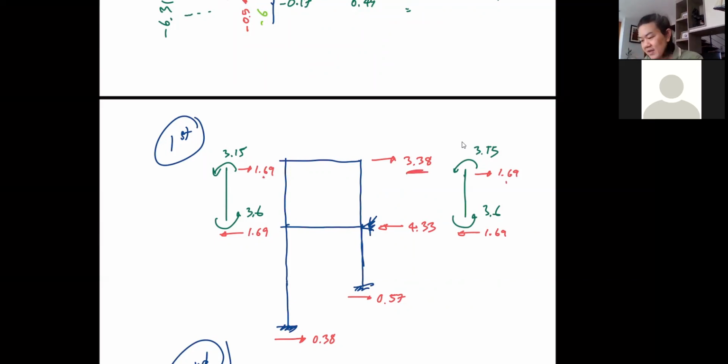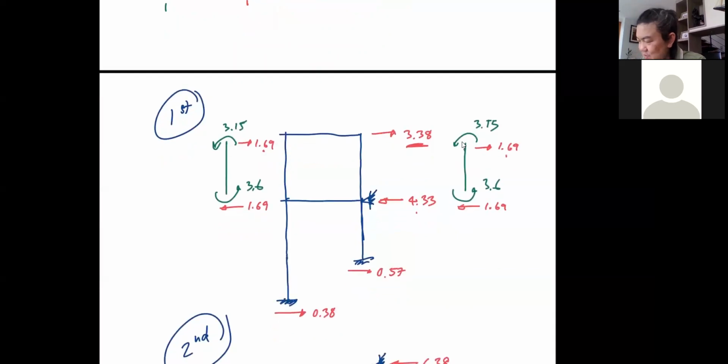And for this one, you're going to have to include the column down here as well. There is 1.52 and 0.76. Now you got the shear in this direction, 0.38, which incidentally is that one, and this is also 0.38.